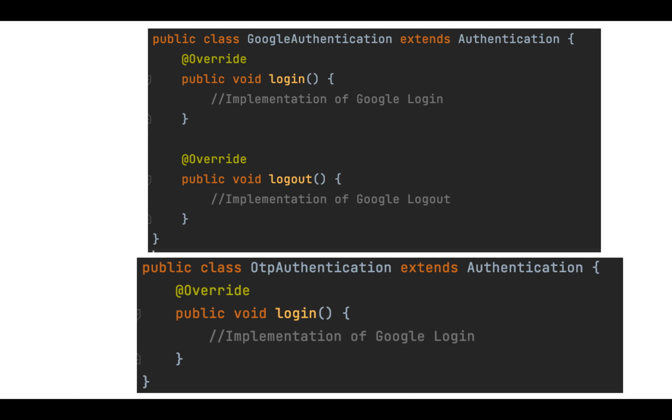Because OTPAuthentication already extends the Authentication, and it can either use the behavior of the Authentication class, or it can override the behavior. So that is why we are creating these classes and how it benefited.